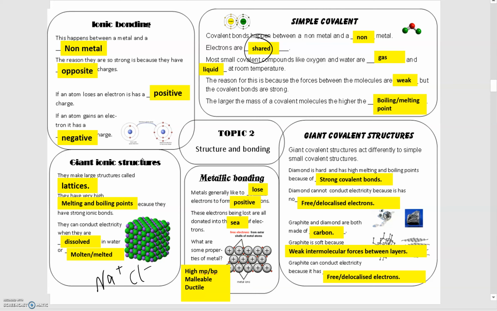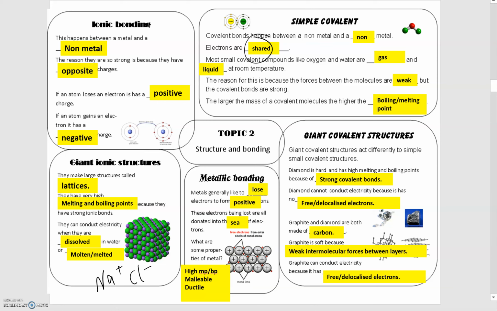So you just have an arrangement of positive and negative charges, and this arrangement is called a lattice. They have very high melting and boiling points because of the strong positive and negative ionic bonding, and they conduct electricity if dissolved in water because the structure breaks up, or if it's molten, if it's been melted.